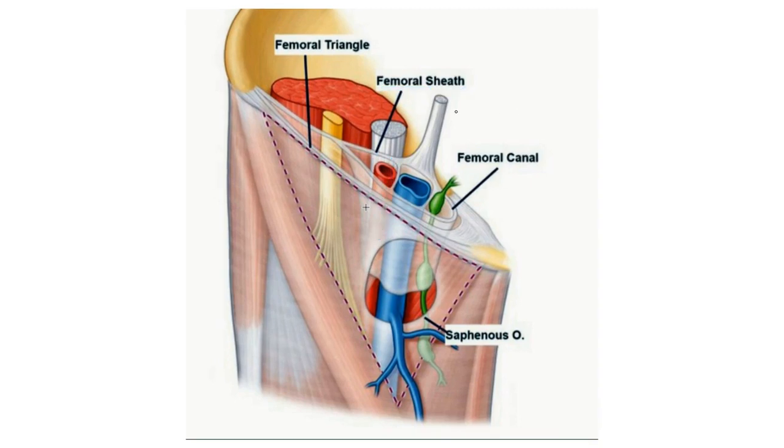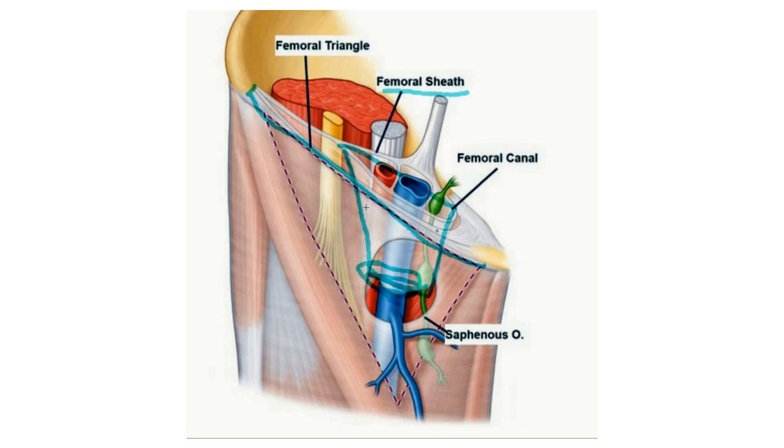Now, here we will only talk about the femoral sheath. So, what is this femoral sheath? The femoral sheath is a funnel shaped 3 to 4 centimeter long fascial tube that passes deep to the inguinal ligament. This is the inguinal ligament. You can see here, this is the inguinal ligament and the femoral sheath is present deep to it.